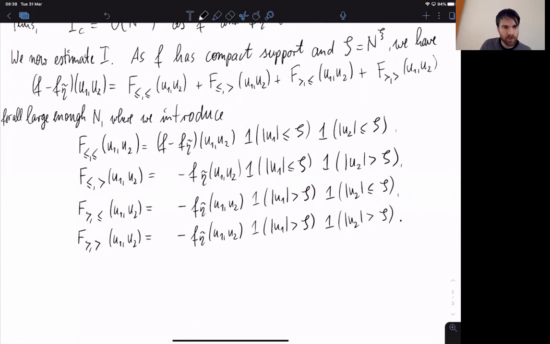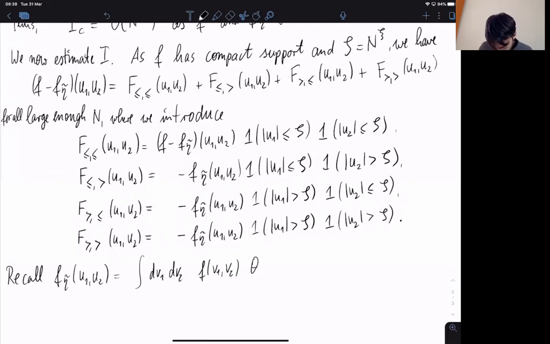Maybe first I should quickly recall how the f eta tilde was defined. As we've seen just before, it was the convolution of f with these kernels, theta in u1, v1 and u2, v2.